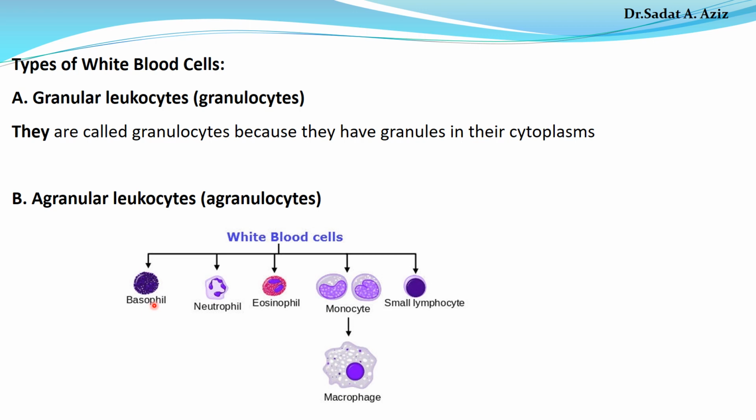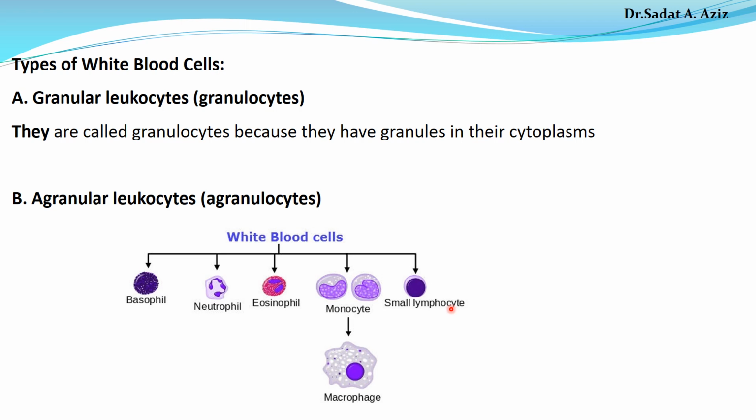But they couldn't find any granules within the cytoplasm of monocyte and lymphocytes. So they classified them as granulocytes for eosinophil, neutrophil, and basophil, and agranulocytes for monocyte and lymphocyte. But actually, if you check the cells under an electron microscope, even monocyte and lymphocytes might contain granules.